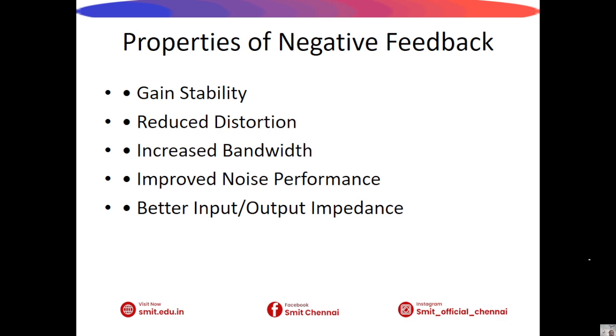Second, it reduces distortion by making the amplifier response more linear. Third, it increases bandwidth, allowing the amplifier to operate effectively over a wider range of frequencies. Fourth, it reduces noise and unwanted signals. Finally, it allows designers to modify input and output impedance according to application requirements.